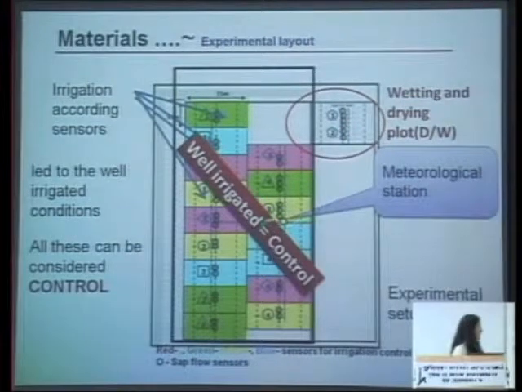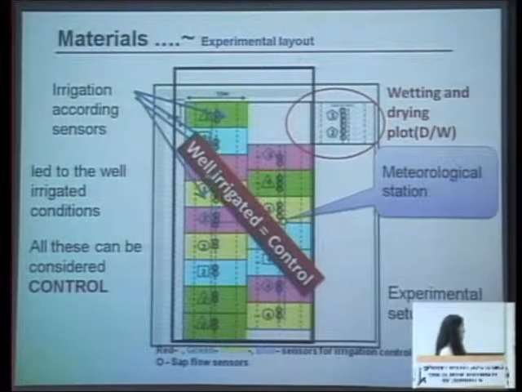In the middle of the experimental plot there was a meteorological station, including anemometer, solarimeter, psychrometer and thermometer, while each red, green, yellow, blue plot was fixed with a different irrigation sensor to control the irrigation level.